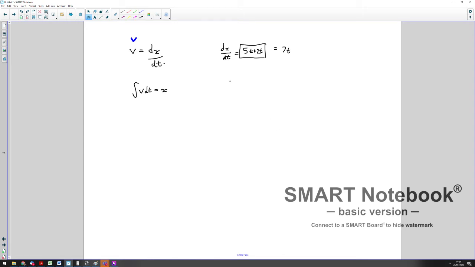Okay. So this means that you need to calculate the displacement between 0 and 3 seconds.